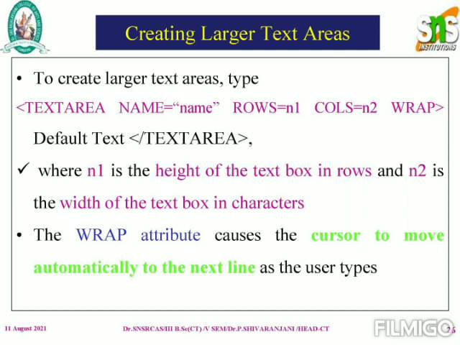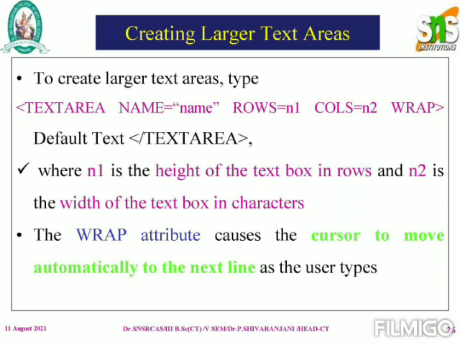That is mentioned by rows equal to n1 and columns equal to n2. So n1 refers to rows and n2 refers to columns, and the content should be wrap. Okay, it should be wrap, and by default it should be closed with the textarea closing tag. Here the wrap attribute causes the cursor to move automatically to the next line as the user types.